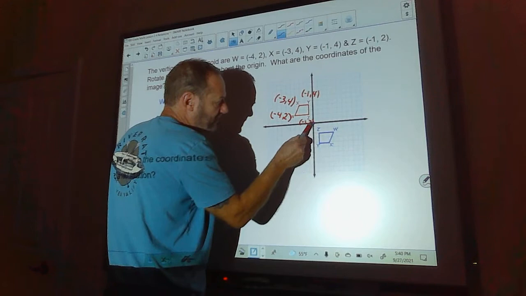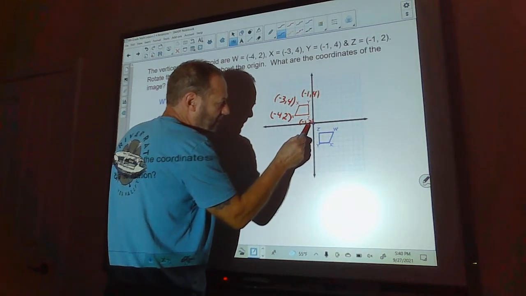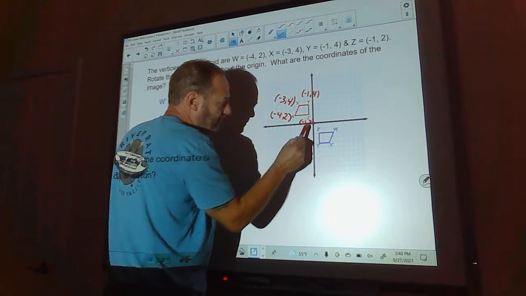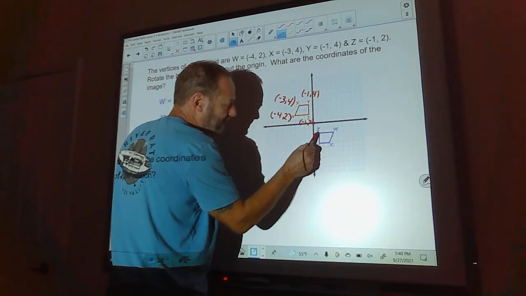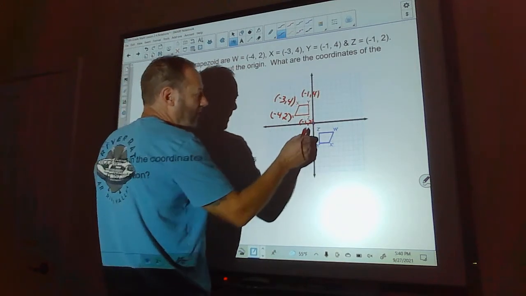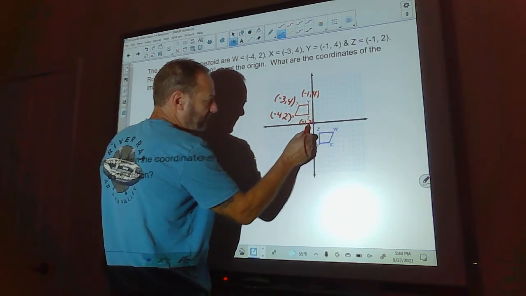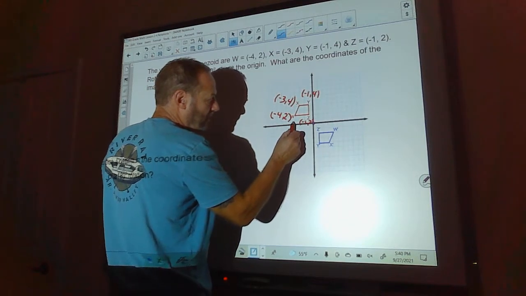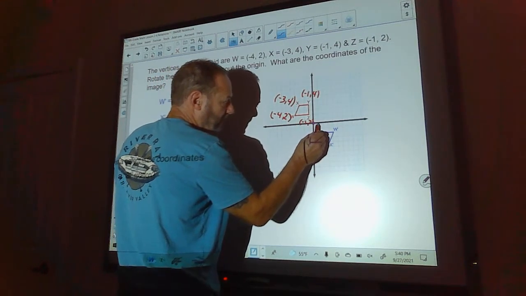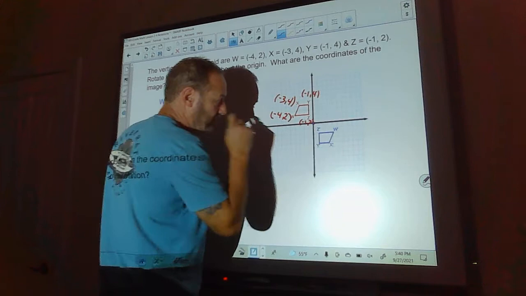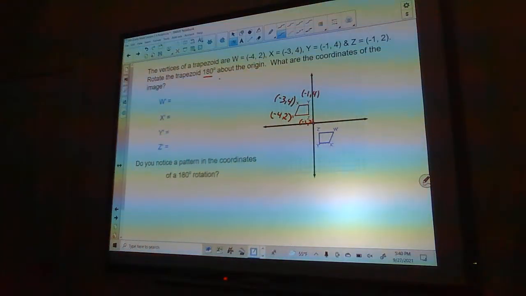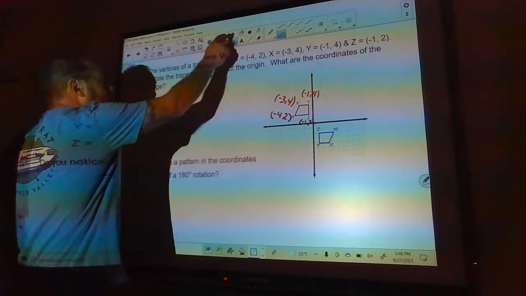Look at this. This is left 1, up 2. This is going to be right 1, down 2. This one, the W is going to be left 1, 2, 3, 4, and up 2. This is going to be right 1, 2, 3, 4, and down 2, because it's been rotated 180 degrees, so everything's the opposite. Now, what are the coordinates of the points?